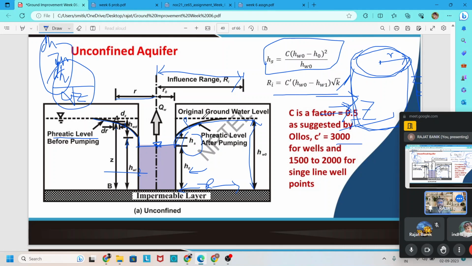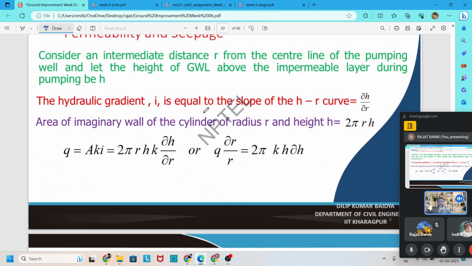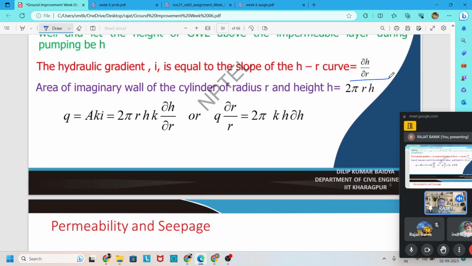After that we apply Darcy's law. The hydraulic gradient here is del H by del R, and the area of this imaginary well is 2 pi RH. If you remember, the surface area of the cylinder is 2 pi RH. So we apply here, for a small distance r.